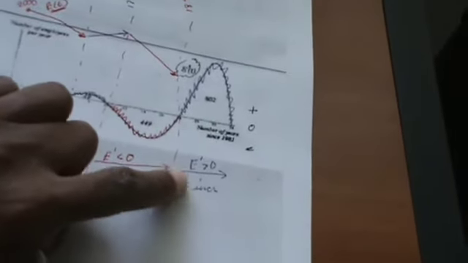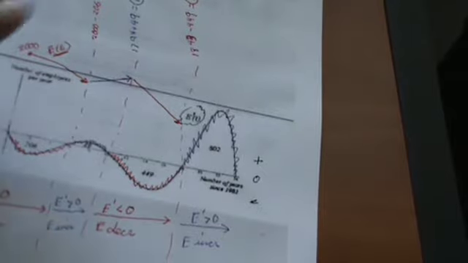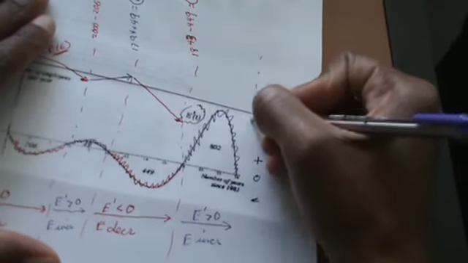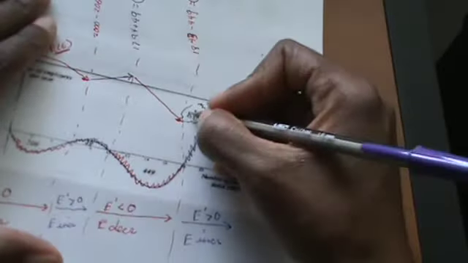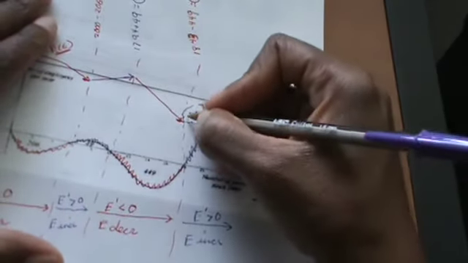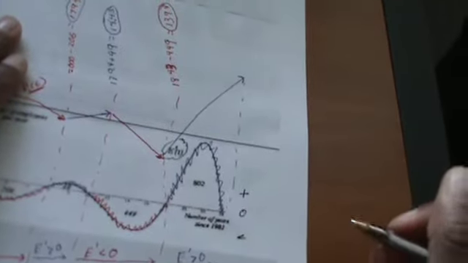Notice it says when E prime is positive, E is increasing. If you don't remember these rules, you really need to go back because they do come back into play. This is one of our big word problems. And here's a dotted line that should be here because you do end up crossing the x-axis. So you increase by 802, which is a lot, right? Notice my arrow indicates that.